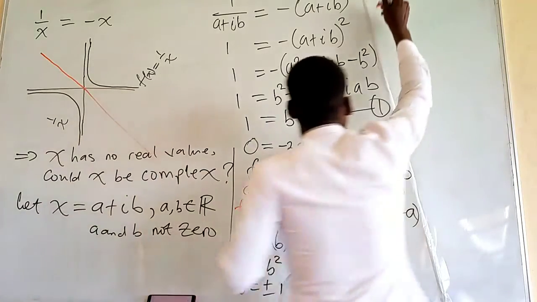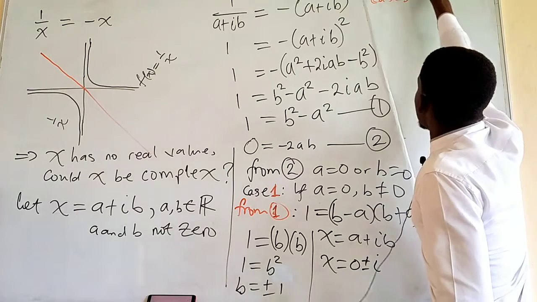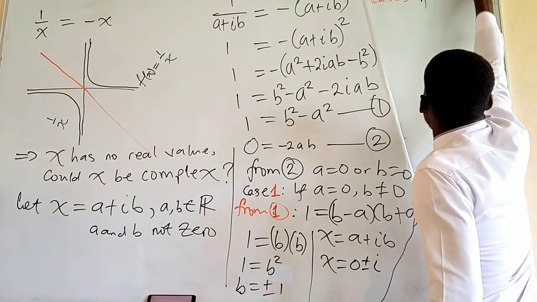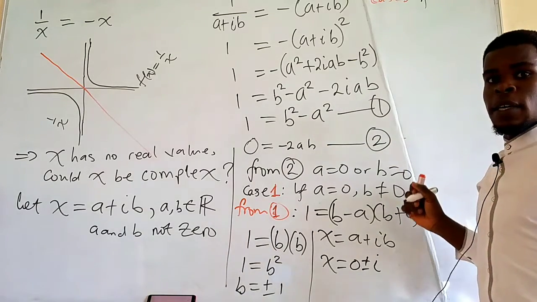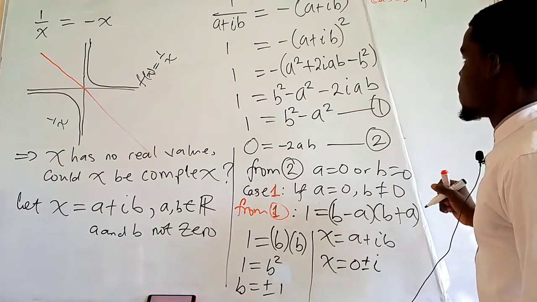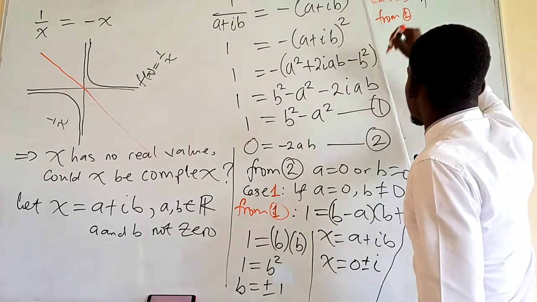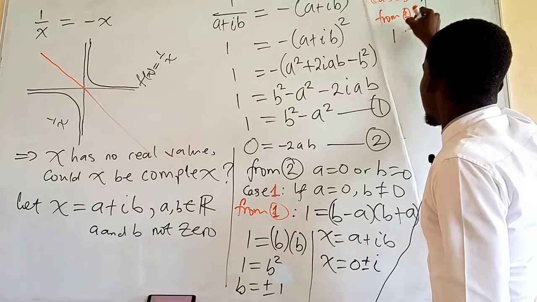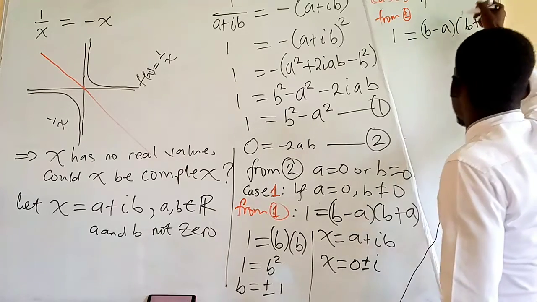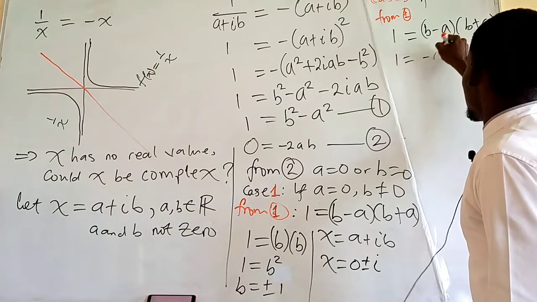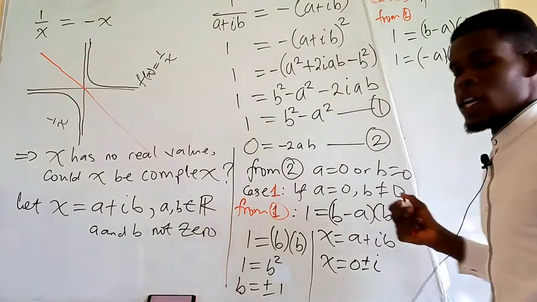Case number 2: if B is 0 and A is non-zero, from equation 1 we're going to enter with 1 equals B minus A times B plus A. So where B is 0, 1 will be equal to negative A times A again. Well, when B is 0, we just add A to 0, which gives us back the A.